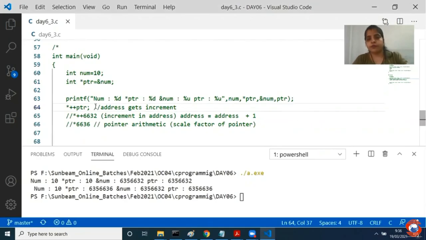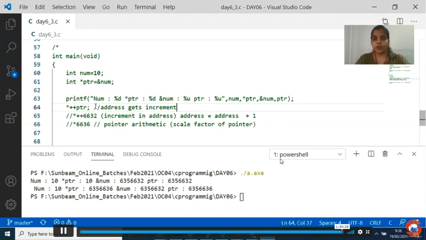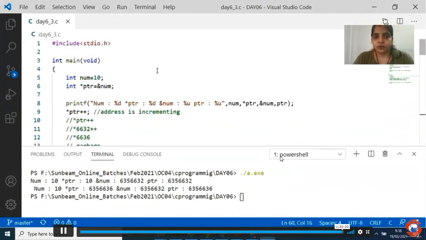Did you all get the meaning of pointer arithmetic? पॉइंटर अरिथमेटिक मींस अगर आपका पॉइंटर जिस भी लोकेशन पे पॉइंट कर रहा है, based on the scale factor, it will go ahead and perform your operations. ओके, समझ में आया? The scale factor of the pointer and introduction to pointer.